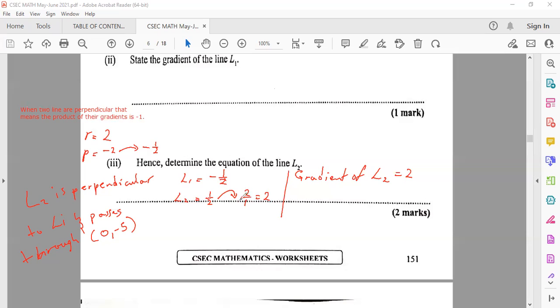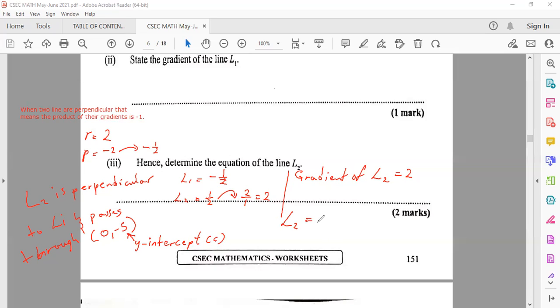All right. Now it says that L2 passes through the point (0, -5). This -5 is the constant, that's the y-intercept, also known as c. So I have everything I need for the equation of line 2.